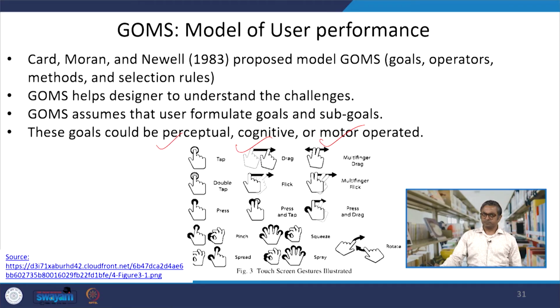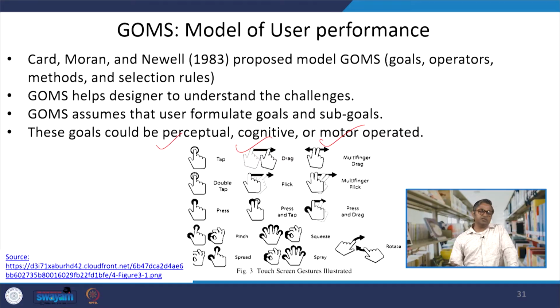Similarly, if the goal is cognitive in nature, then human cognition will be involved. The other two processes will be left alone. This cognitive method may involve memory, attention, perception per se. And then there is the motor operated.